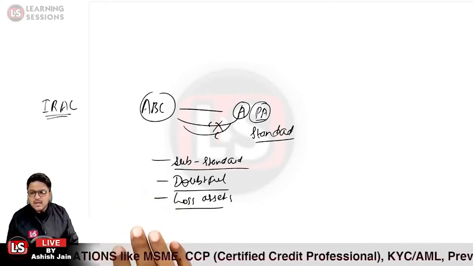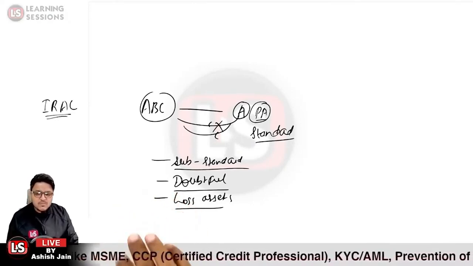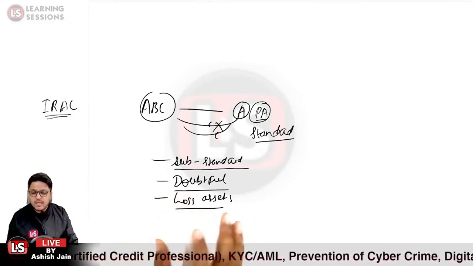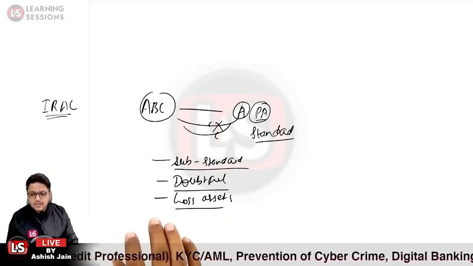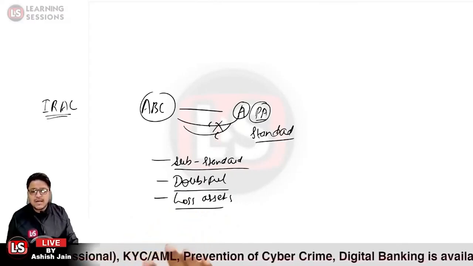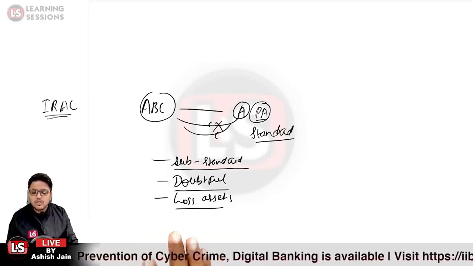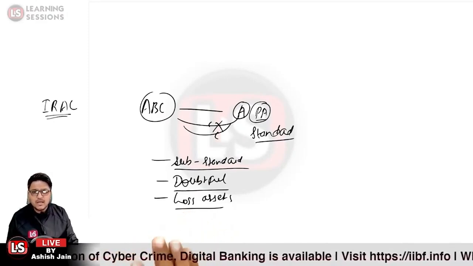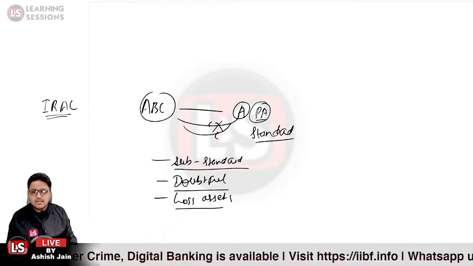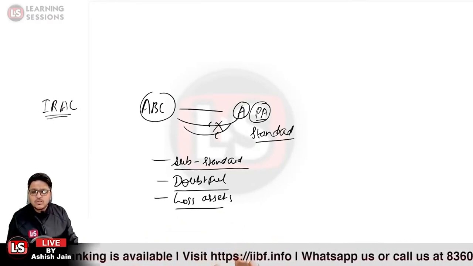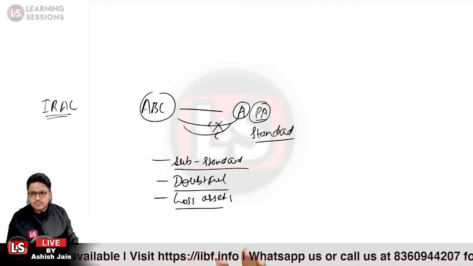As per these, we categorize our assets based upon the recovery, and according to the category of the asset, the bank has to maintain adequate provision. So IRAC is income recognition and asset classification.